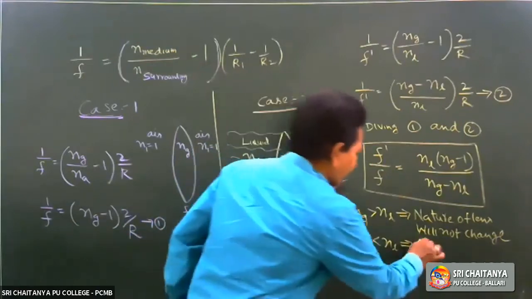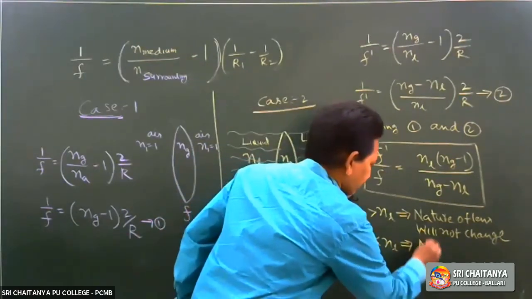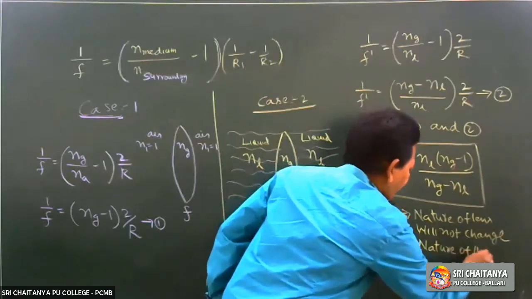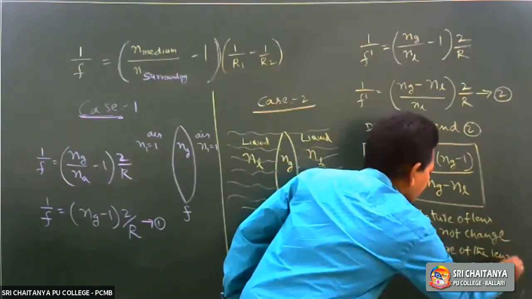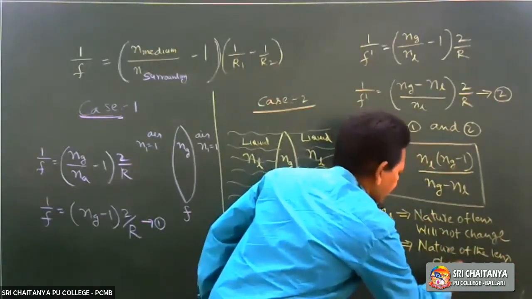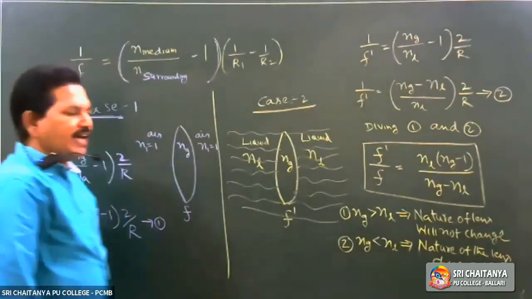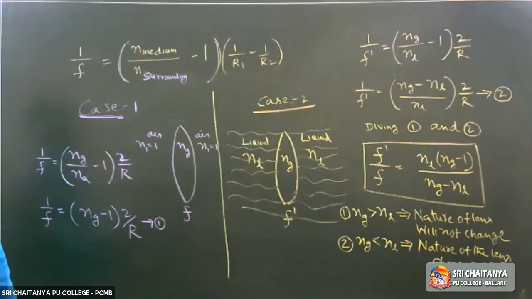Means the nature of the lens changes. Convex will behave as a concave and concave will behave as a convex. Just by seeing the values of Ng and Nl, we can tell.